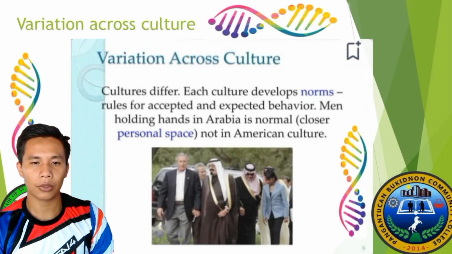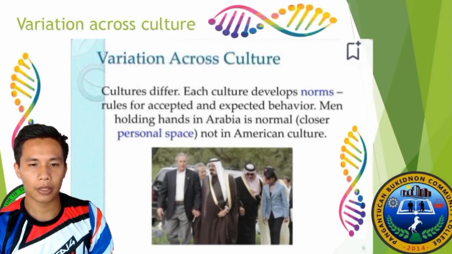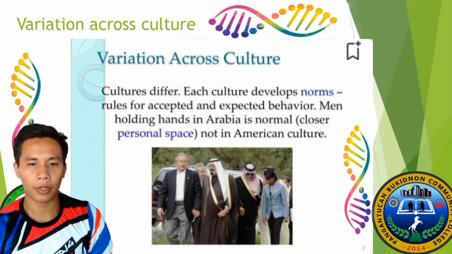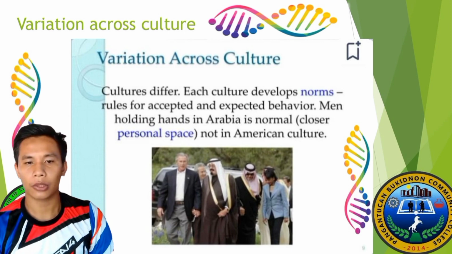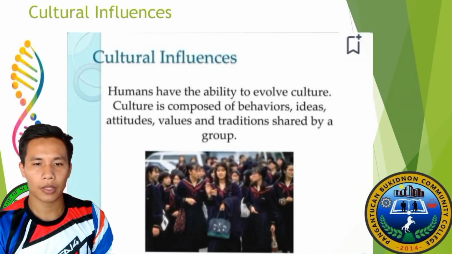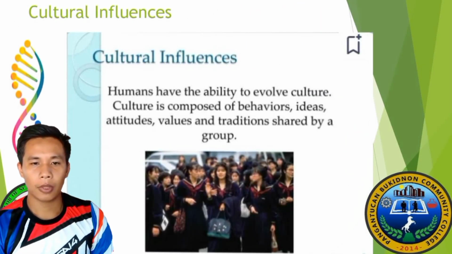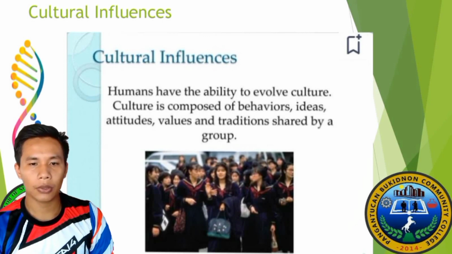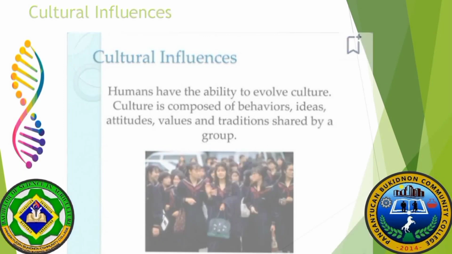Variation across cultures. Each culture develops norms, rules for accepted and expected behavior. Men holding hands in Arabia is normal, while closer personal space is not normal in American culture. Cultural influence: humans have the ability to evolve culture. Culture is composed of behaviors, ideas, attitudes, values, and traditions shared by a group.